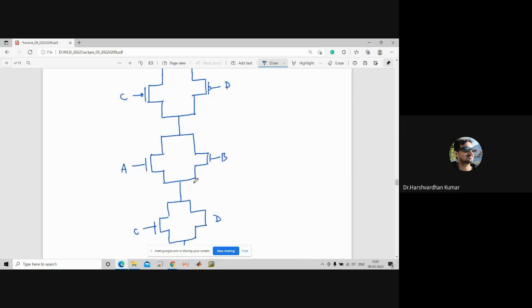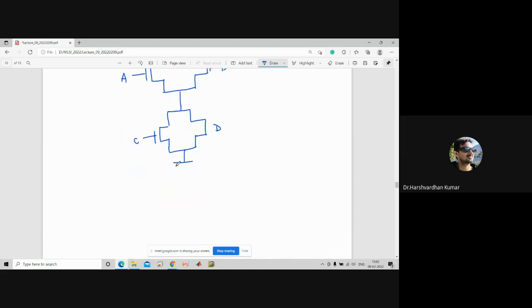And you are getting the output here first. Okay. So what will be the voltage here? It will be at logic 0, or you can say VSS, that is grounded.